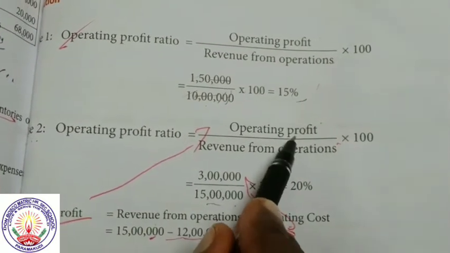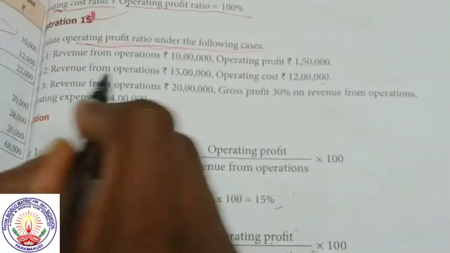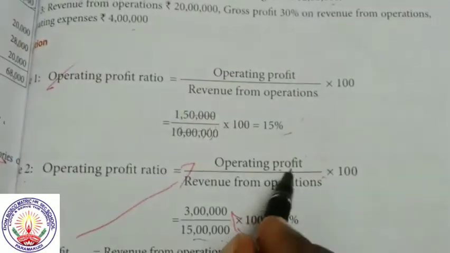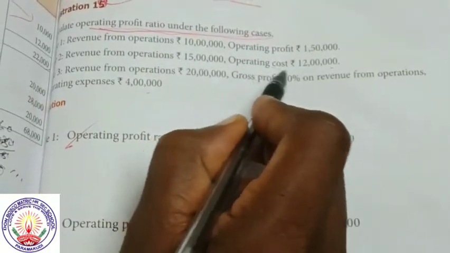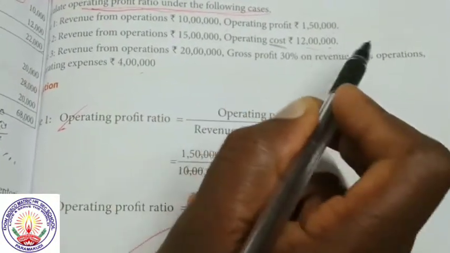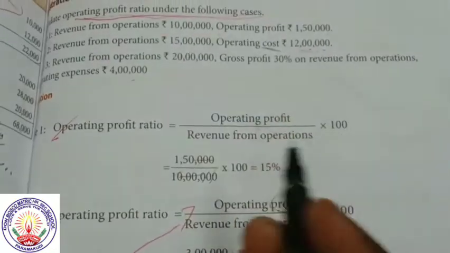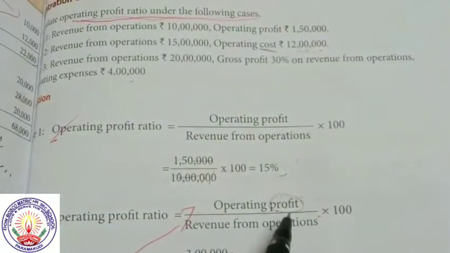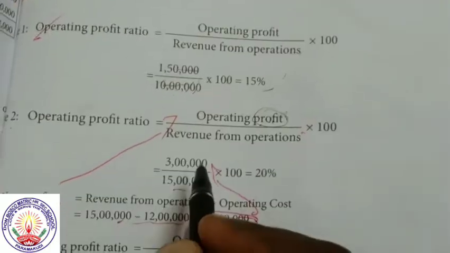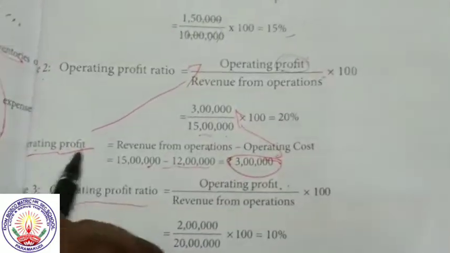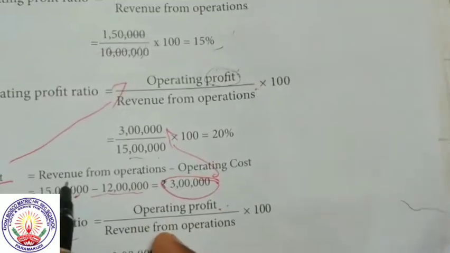Operating profit is not given directly; only the operating cost of 12 lakhs is given. First of all, you find the operating profit, after that you apply the formula.